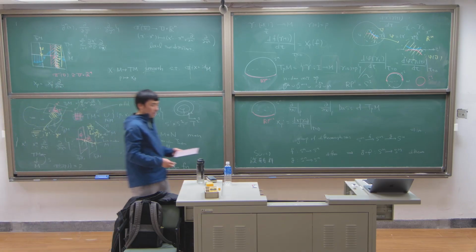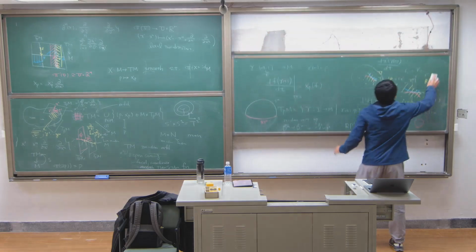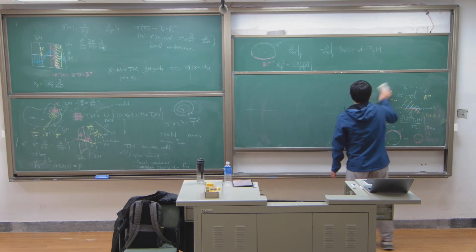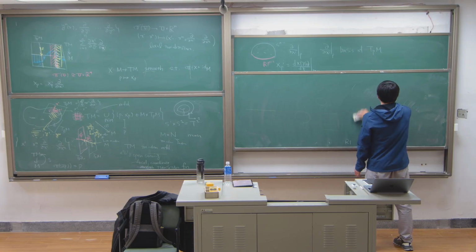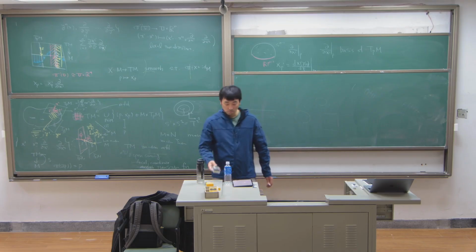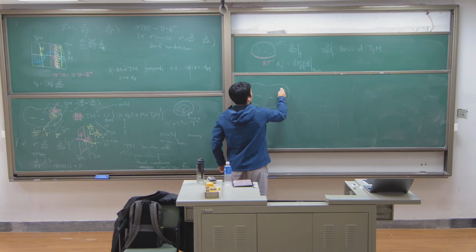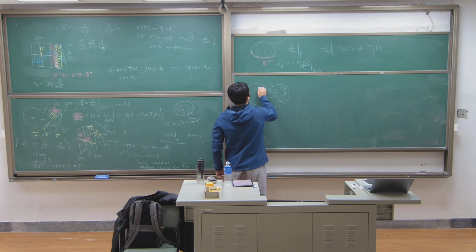So what's really happening is that at each point, you just assign the tangent vector XP, and you just smoothly vary along the manifold.